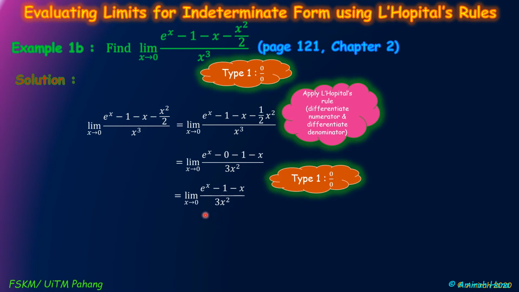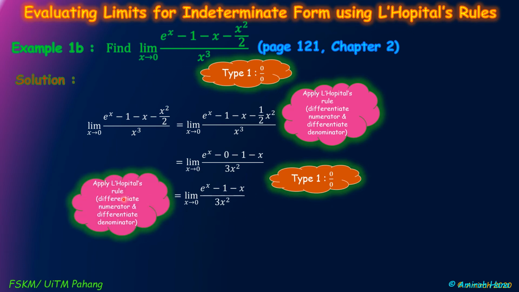So we need to apply L'Hopital's rule again. As long as the previous application of L'Hopital's rule produces an indeterminate form, it's okay to repeat it as many times as necessary to reduce the limit to a form that can be evaluated.